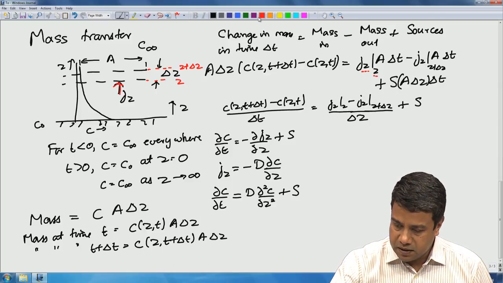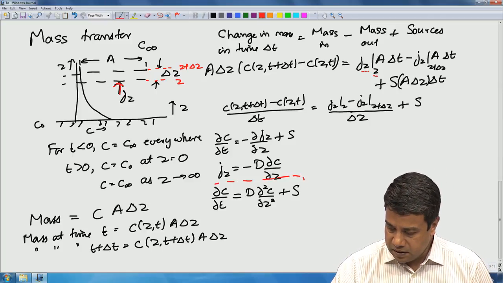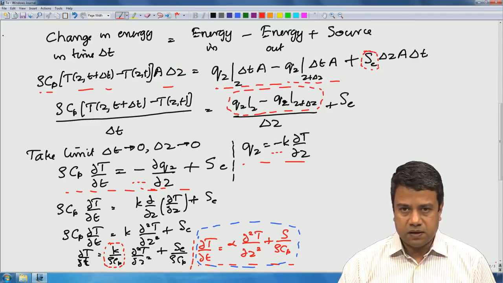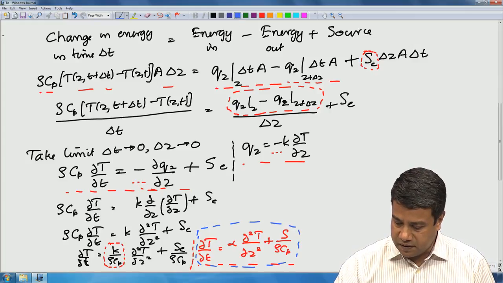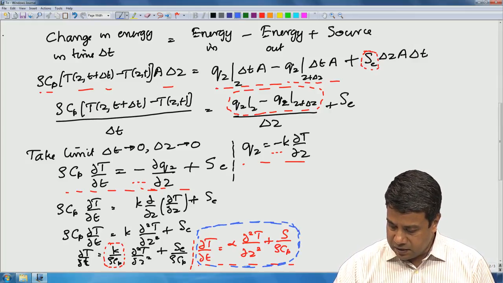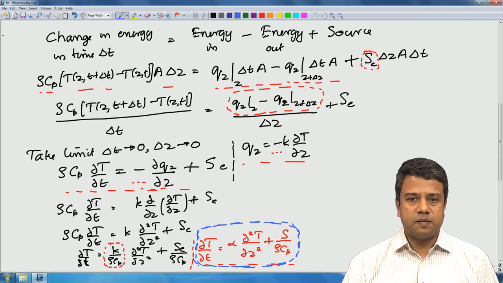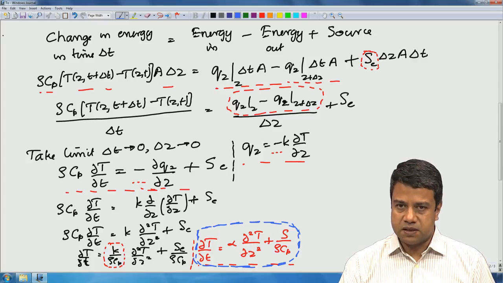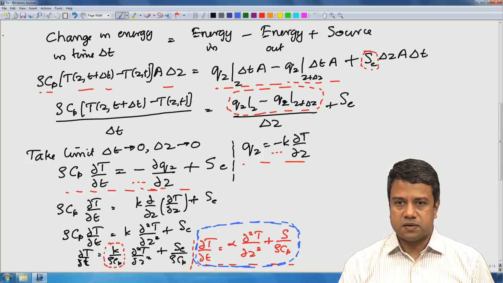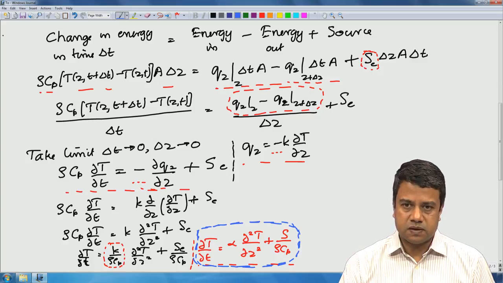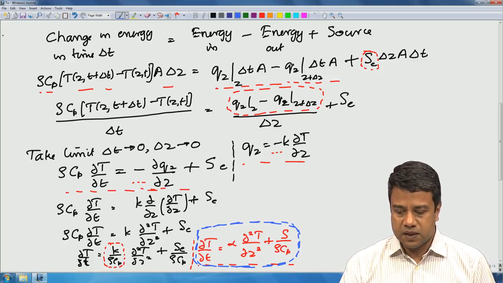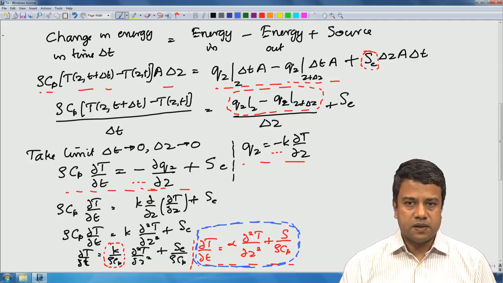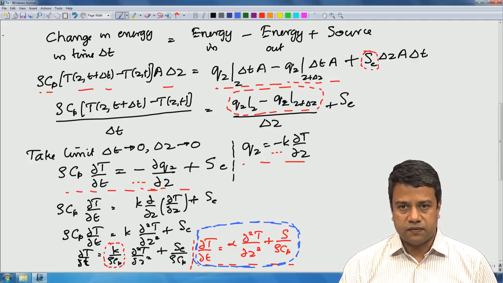This is the mass diffusion equation, and you can see that it is exactly analogous to the thermal diffusion equation that I have here, except that the temperature has been replaced by concentration, the thermal diffusivity has been replaced by mass diffusivity, and the thermal sources have been replaced by the mass source. That is the only difference, otherwise they are exactly the same. So, you could go from one to the other just by replacing the temperature with concentration and the diffusivities.